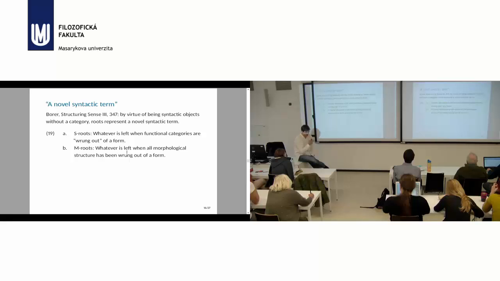So Borer, in her recent book, which I actually don't know which year it appeared, but it's the third volume of her enormous trilogy, Structuring Sense, says that by virtue of being syntactic objects without a category, roots represent a novel syntactic term. So there is a novel thing that appeared in the syntax which people call the root, and they are different by having no category.